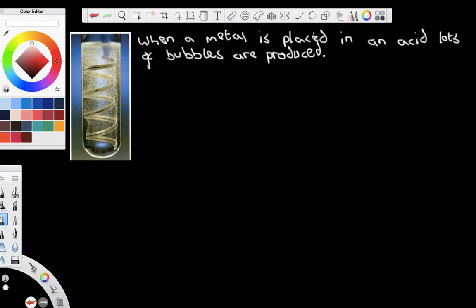Now, magnesium, for example, reacts vigorously with the acid. This is magnesium, and as you can see, there's lots of bubbles produced, and we say that it reacts vigorously. What we mean by vigorously is that it reacts a lot, it reacts violently.